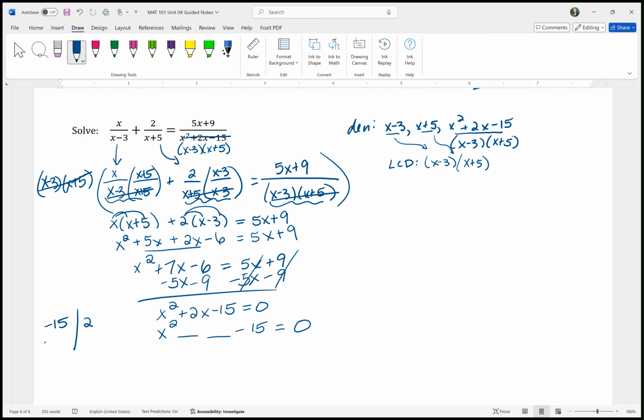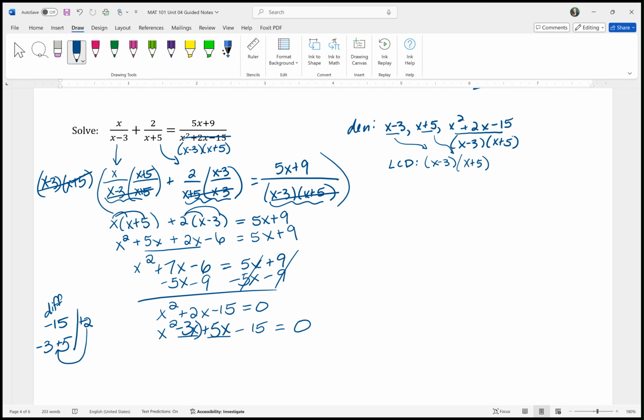It's going to be 3 and 5. What are our signs going to be? Our signs are different, and the bigger is positive. So this would be positive, and that's going to make that negative. And then going back to our blanks here, it would be negative 3x plus 5x.